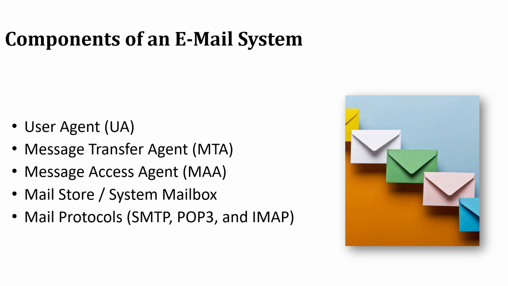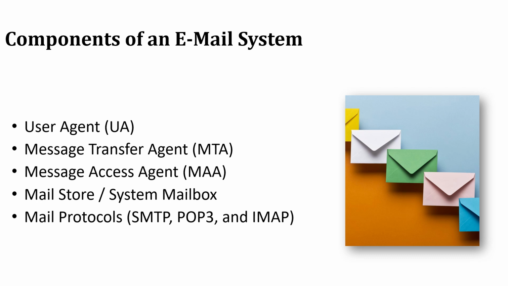Message access agent allows the receiver to retrieve messages from their mail server. It operates using a pull mechanism where the client requests messages on demand. Mail store, or system mailbox, is a storage area on the mail server where messages are kept until the user retrieves them.